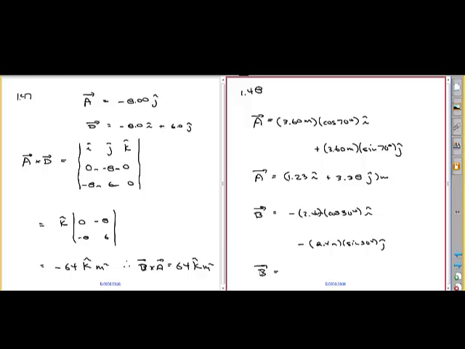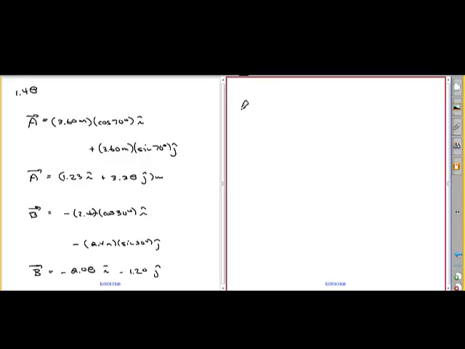And so we get 2.4 times cosine of 30, which is negative 2.08 i hat, minus, we take 2.4 times the sine of 30, which is a half, so we get 1.2, so you get negative 1.2 j hat. Okay, so that's the b vector in the third quadrant. This is a vector in the first quadrant.